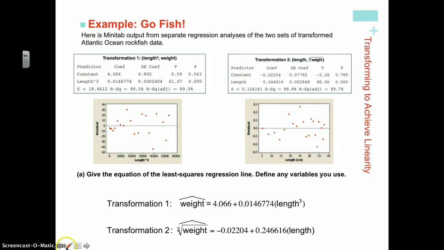Here would be your, as always, y-intercept, and then this would be your slope. In the second one, this is your slope, but it's always the same in your Minitab output. The big difference here is, are you raising the length to the third power, or are you taking the cube root of your weight?